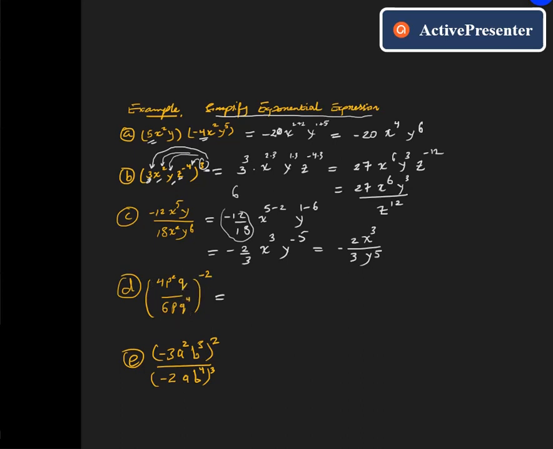So this can be written as 4 over 6, which is simplified as 2 over 3, right? So 2 here, down 3. What about p squared over p? Should be p squared minus 1, right? Okay, multiplied in what?